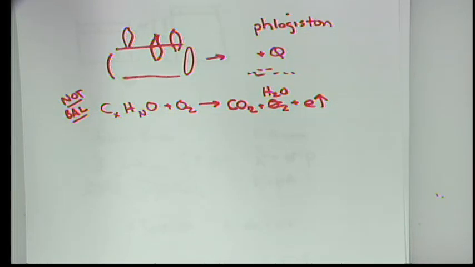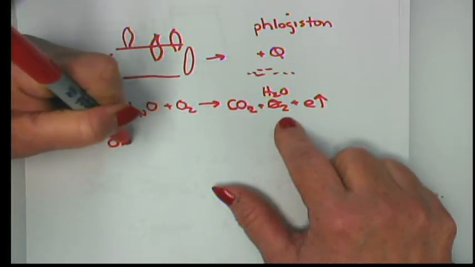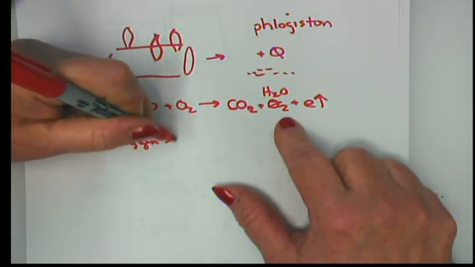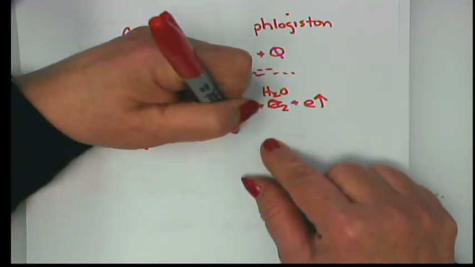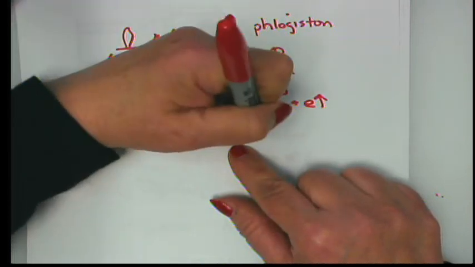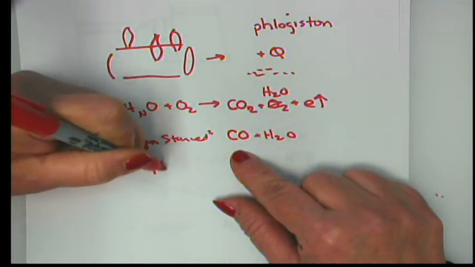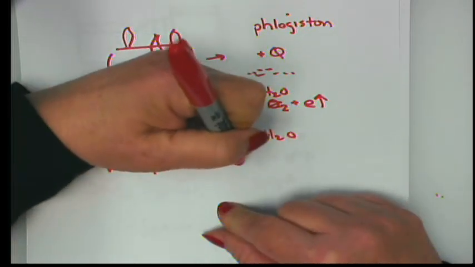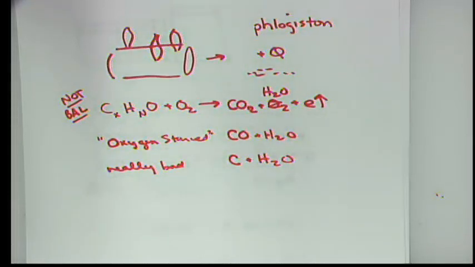Now, if you do not have enough oxygen, if the reaction is oxygen starved, instead of getting carbon dioxide, you will get some carbon monoxide, still get the water, and if it's really, really bad, you'll get carbon, elemental carbon, which is called carbon black, and water, because there's a lot more affinity for the oxygen to form with the hydrogen.